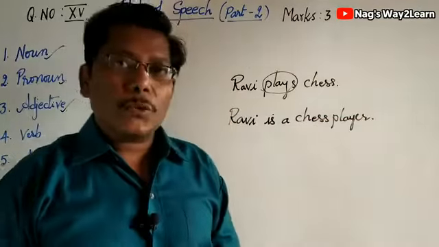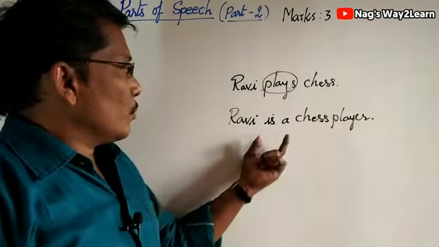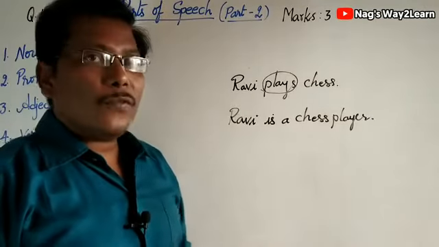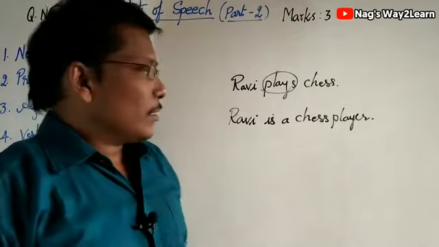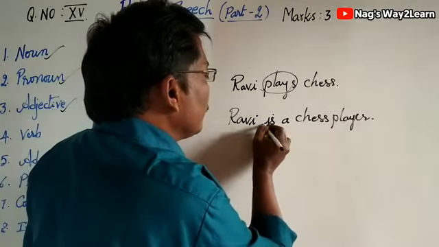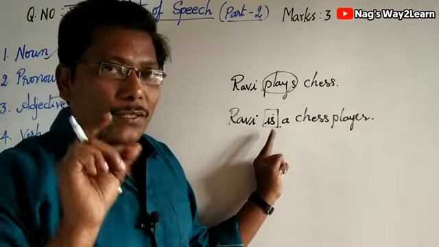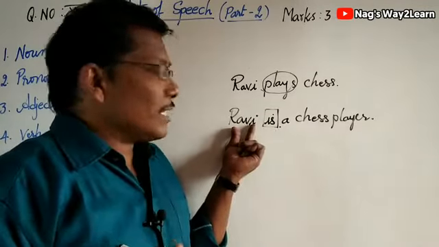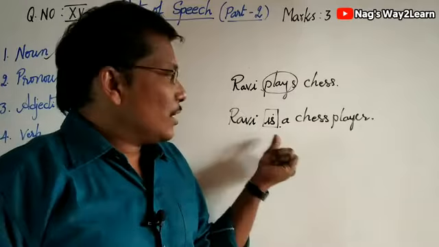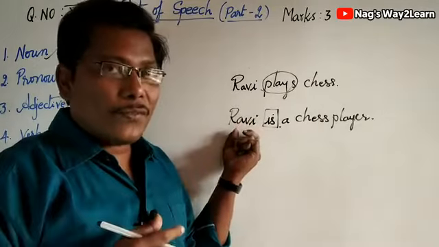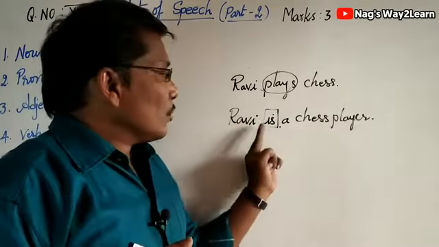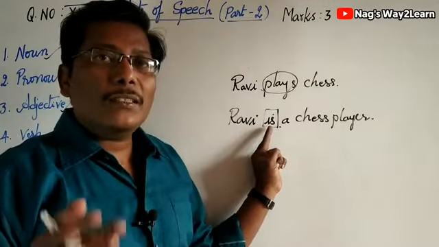If you look at this sentence, you cannot find the action word, but you see the word is. What is this is? Is indicates the existence of something, the existence of Ravi as a chess player. So is can also be considered a verb.